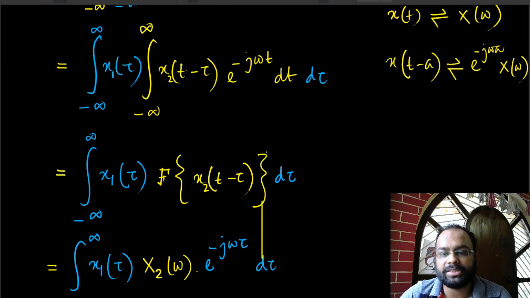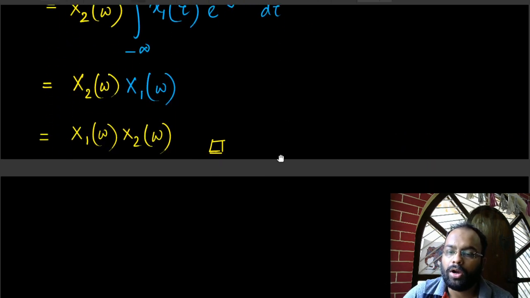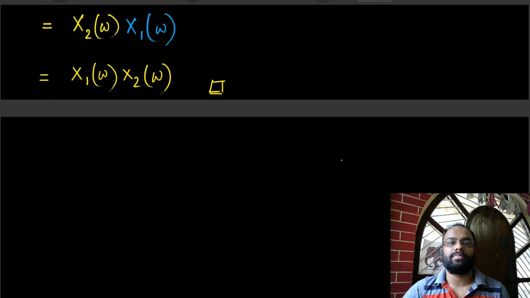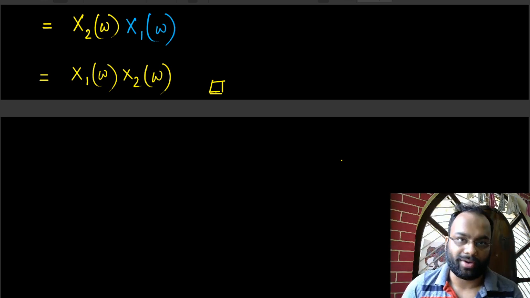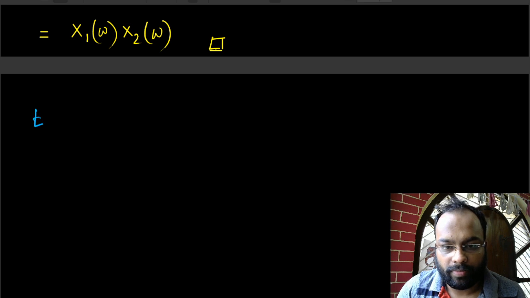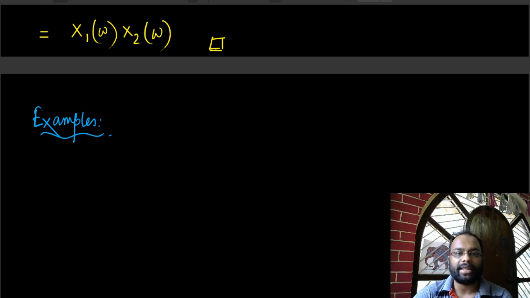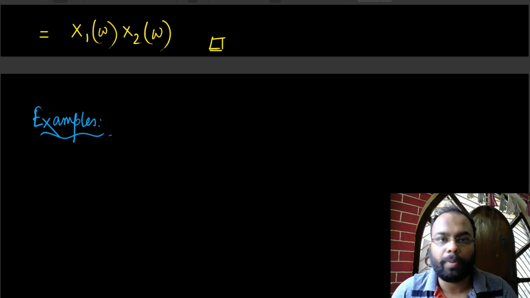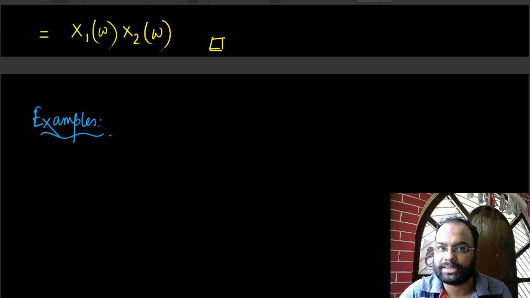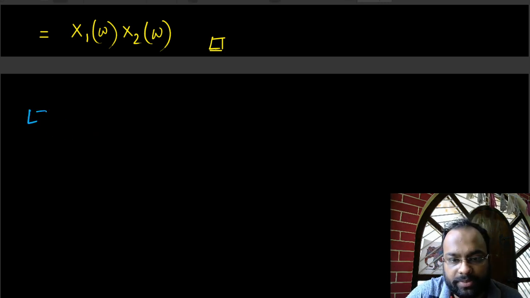In order to understand the implications here, we shall have to look into our own personal domain, like electrical engineering. So let's say examples. We shall soon see that you people are actually quite familiar with what I just said here. Okay, so before examples, let's talk about LTI systems.